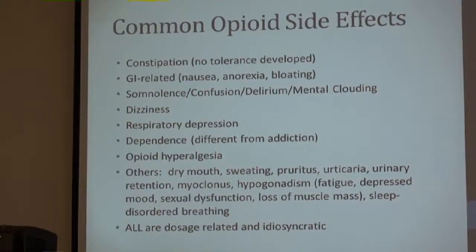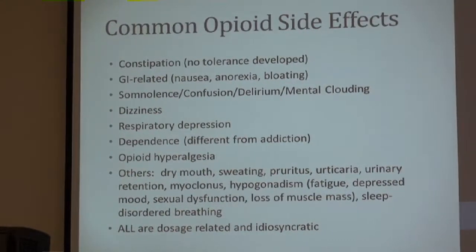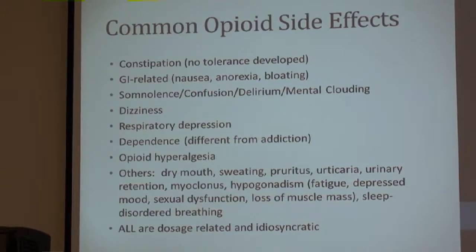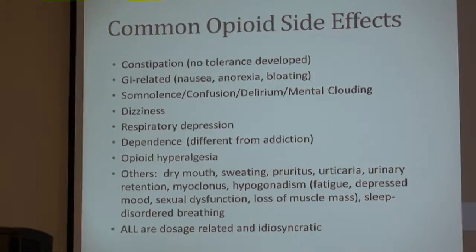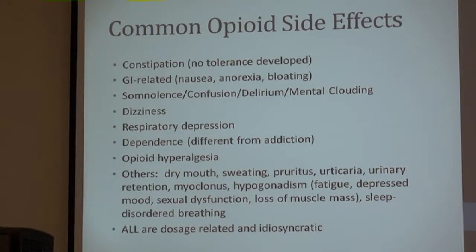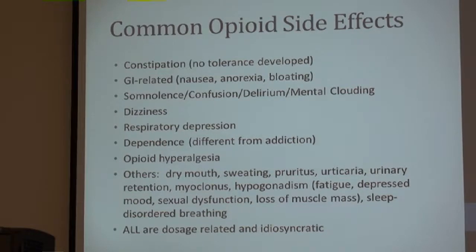Constipation is the one that does not. Myoclonus may not either, but you definitely won't be able to just ignore the constipation. Once they have it, they're likely to continue to have it, and you should be preventing it instead of waiting until they have it. So if they get an opioid, they get a bowel regimen as well.